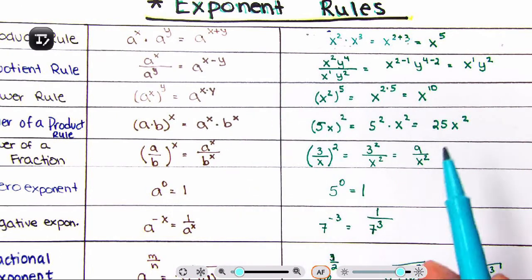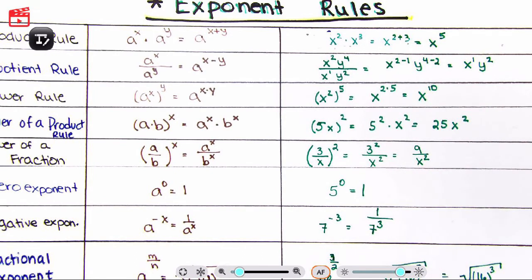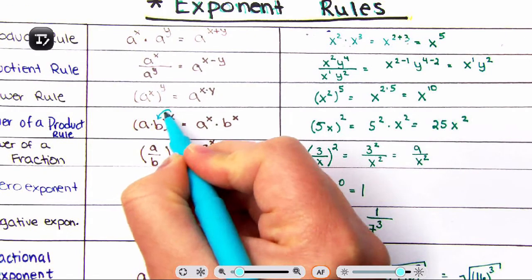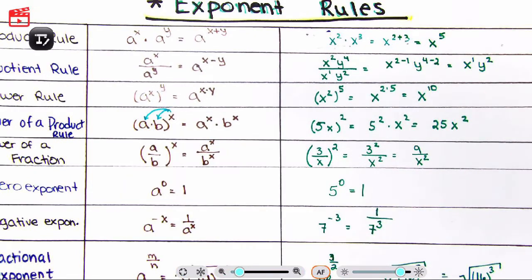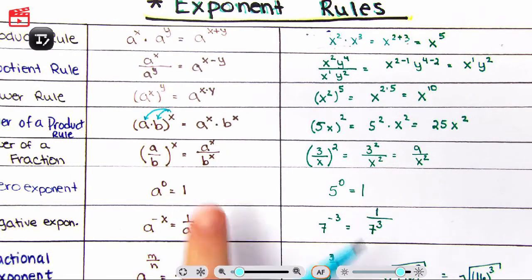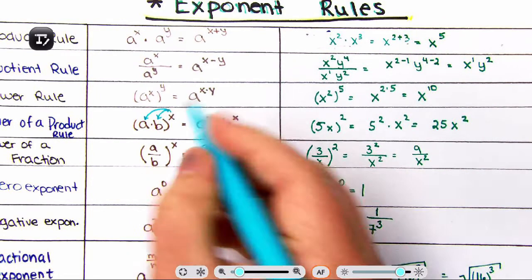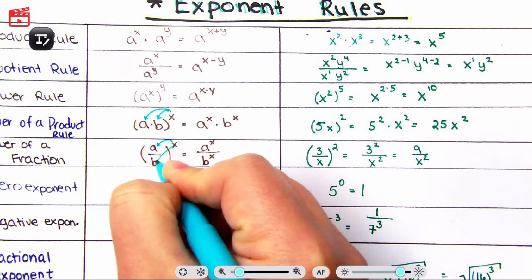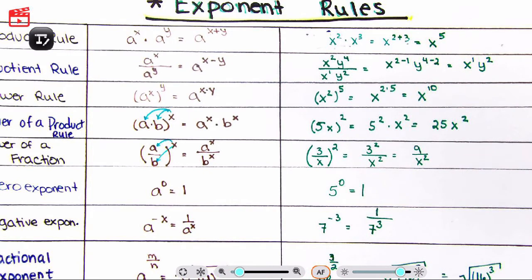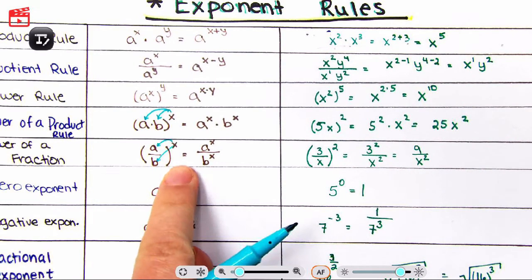In my class, we are unofficially going to distribute. We don't actually say this outside of my class, but we're going to take that x and put it on every single term on the inside. Same thing with division. You take that x and put it on every single term on the inside. It doesn't matter how many terms you have, you just keep putting it on the inside. And that is the power of a fraction.